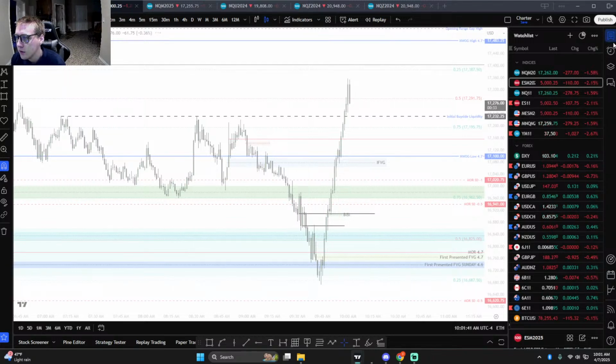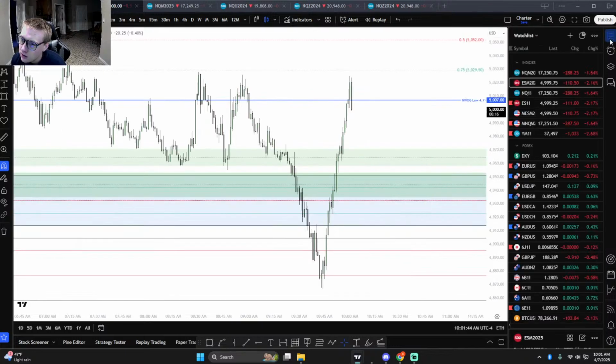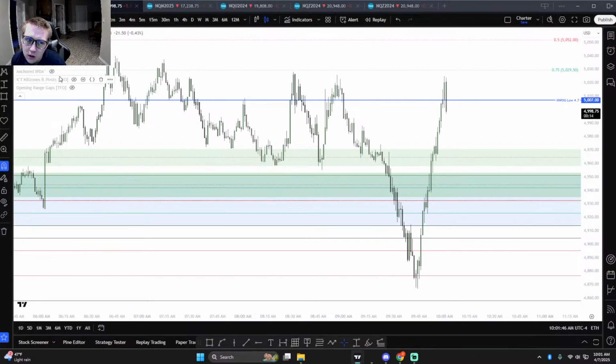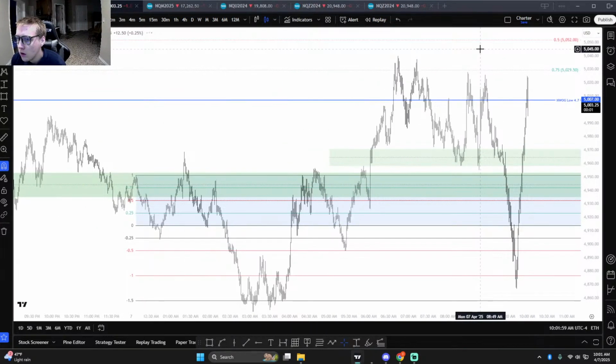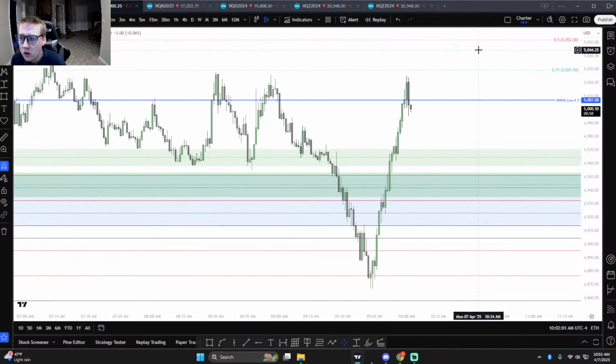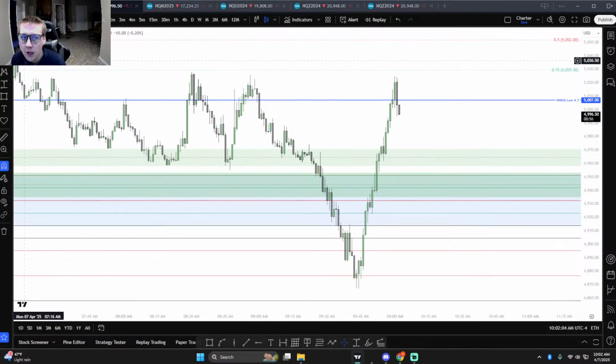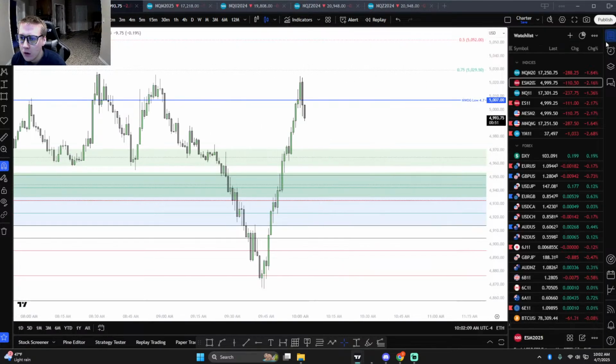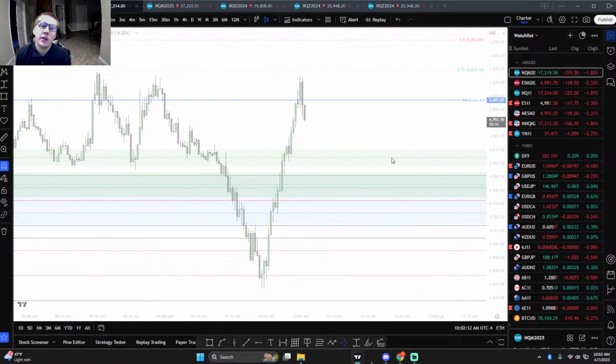How's it got a lag? I'm just gonna pull up the indicator. I guess I shouldn't be pulling it up. Okay, ES just hit opening range constant encroachment. Trust me on that.